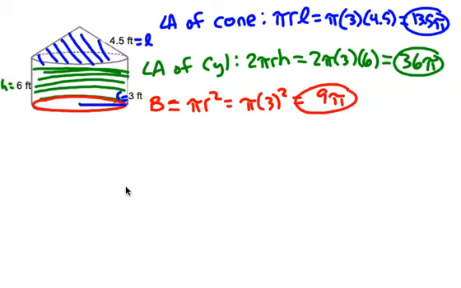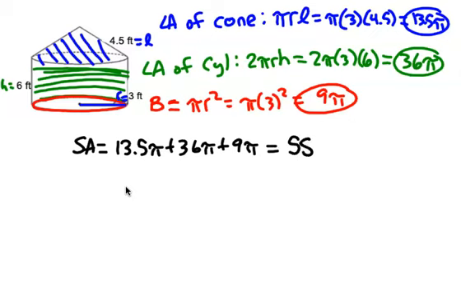So those are the three things we need to add up. We've got to get the total surface area. So the surface area of this cone on top of the cylinder is 13.5 pi plus 36 pi plus 9 pi. So 36 plus 9 plus 13.5 would give us 58.5 pi square feet.